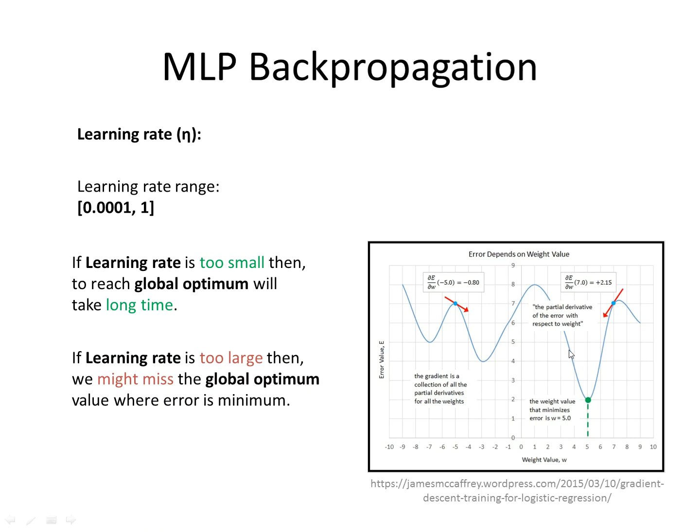Suppose we reached here with some learning rate, around 0.5, and if we take the learning rate as 0.5, then in the next iteration we might move from here to here, and we might skip this global optimum solution. So that's why it's better to choose a small learning rate and get the global optimum solution with a large number of steps, instead of going with too large a learning rate and missing the global optimum point.